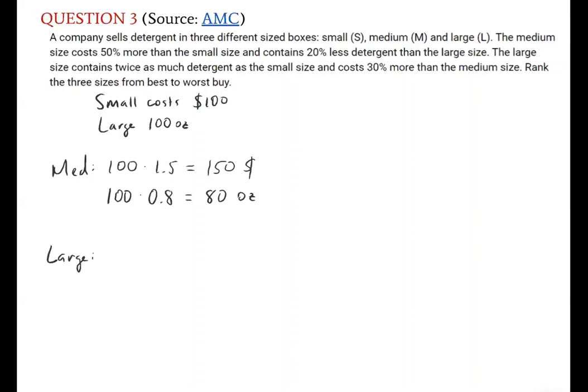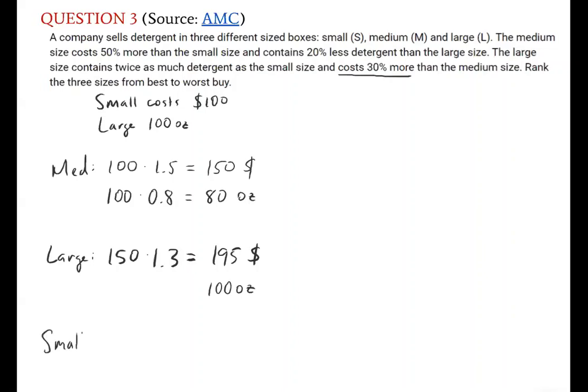So the cost of the large, it says it costs 30% more than the medium. So the medium is 150, and if it's 30 more percent, you multiply by 1.3, and you will get $195. And then we also know that the large is 100 ounces.